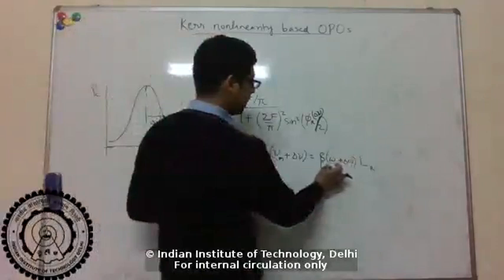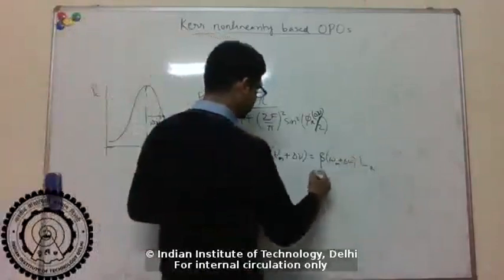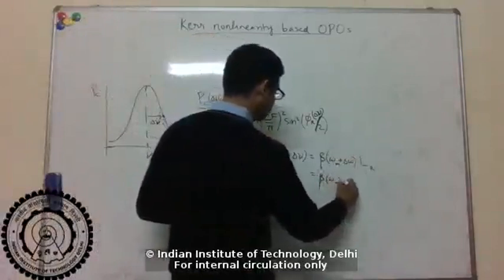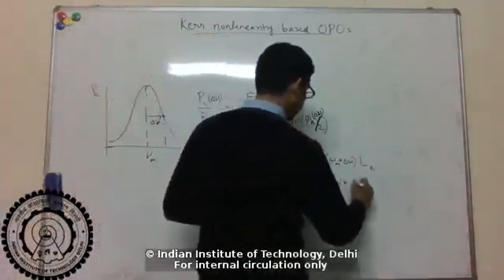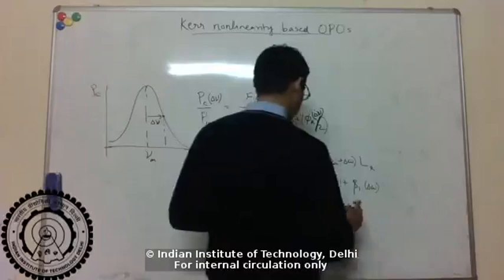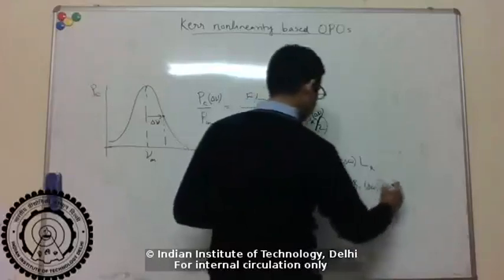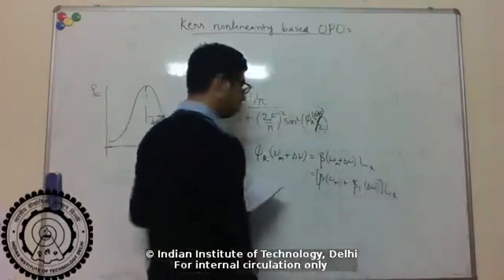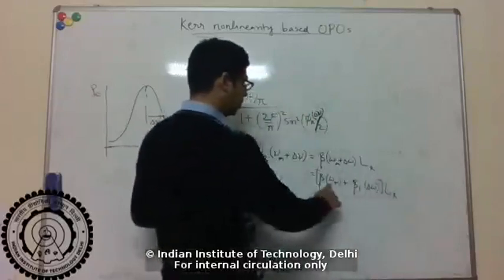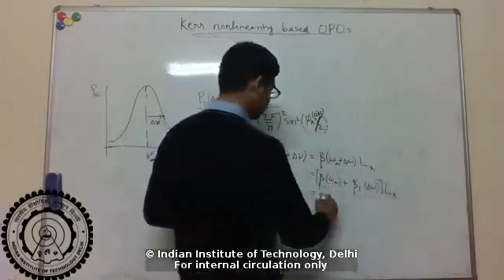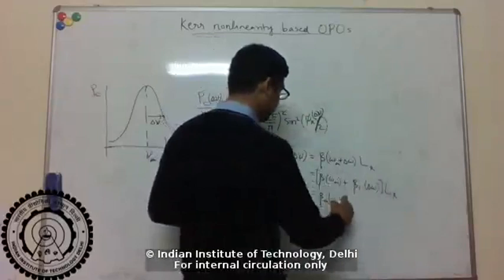And now again, this beta at omega m plus delta omega, we can use the Taylor expansion. So this is beta at omega m plus beta 1, the first derivative of beta, times delta omega. Right, and the beta at omega m, that's beta m times LR.